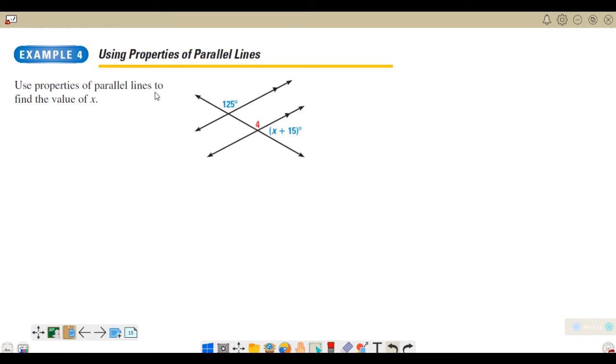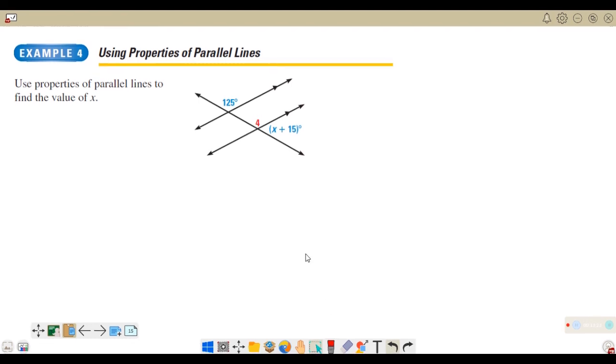Use properties of parallel lines to find the value of x. What do we know about angle 4? Meron tayong given dito na 125. So, angle 4 is equal to 125 degrees. Why? They are corresponding angles.